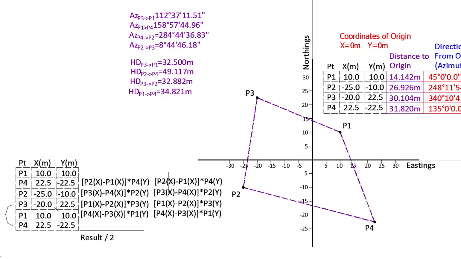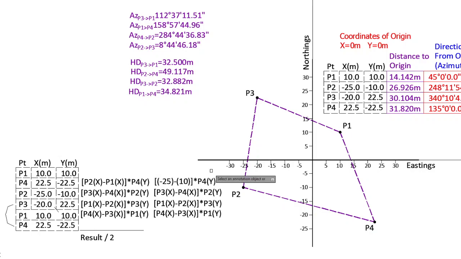Now there's a little bit of overlap. So I'm just going to move this to the side just to make a little bit more space. Okay. Now the x coordinate for P2 is minus 25. And then the coordinate in x for P1 is 10. Okay, I'm just going to put these values in brackets so we understand what the story is with the signs as we carry out the calculations.